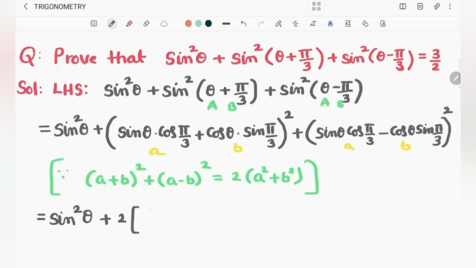That means, what is a square? Sin theta into cos pi by 3 whole square, plus b square, that means cos theta into sin pi by 3 whole square.